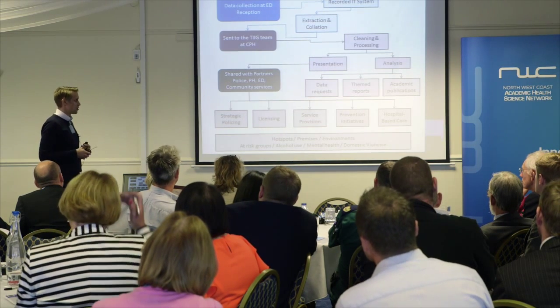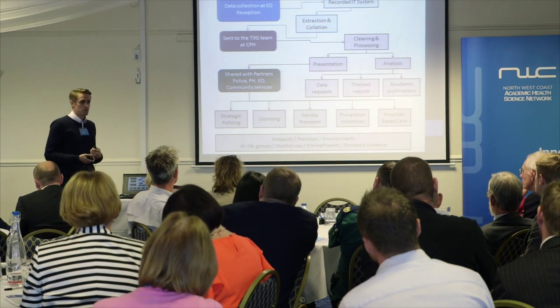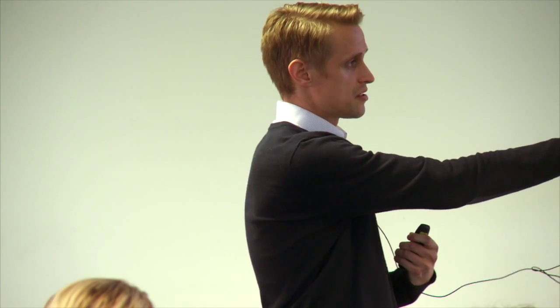So there are hotspots that get considered, particular licensed premises. We can look at environments that are risky, not just in terms of violence or alcohol consumption, but in terms of other injuries. And we look at risk groups. Who's the most likely to get into a fight? Who's the most likely to be drunk? Where will they be? How do we target a prevention initiative? But particularly, alcohol use applies to almost all of these community initiatives.